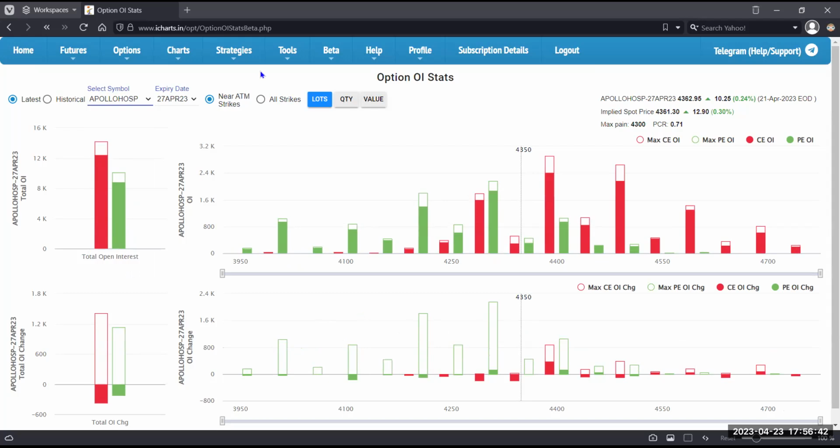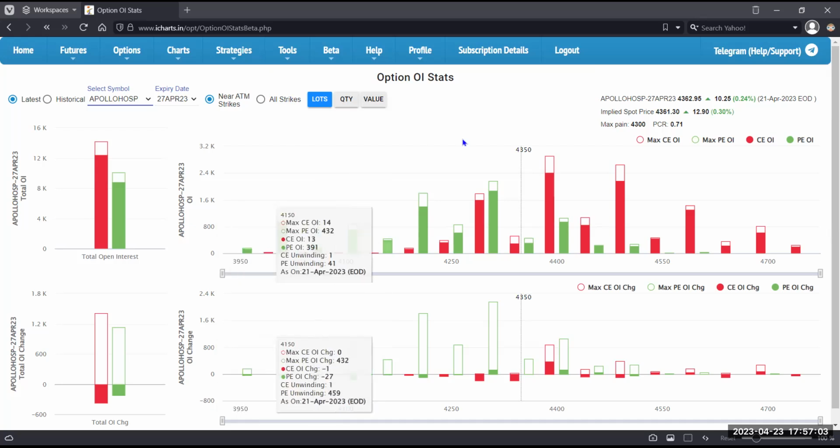Yes, sir. Futures, 3 to 5% OI change. On intraday basis? I'm talking about for the whole day, per day, how much it has changed. Okay, got it. Thank you.